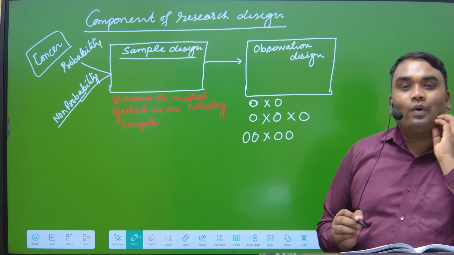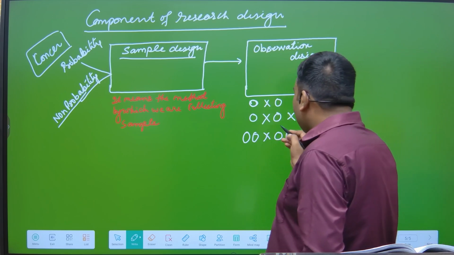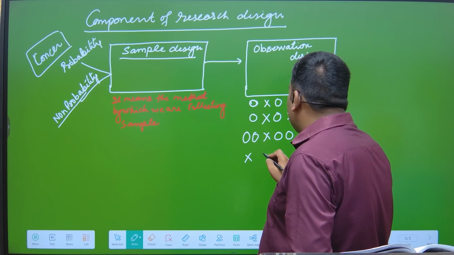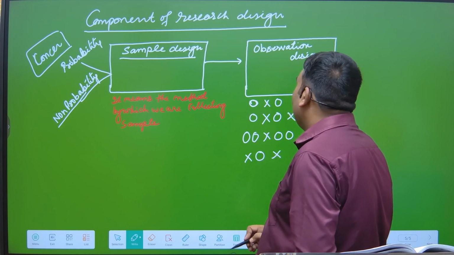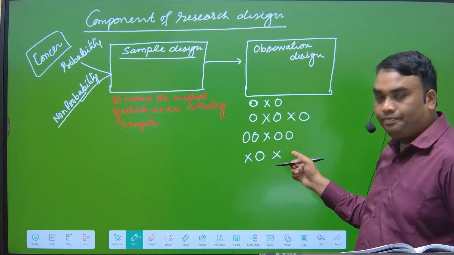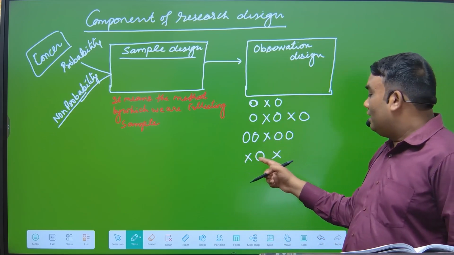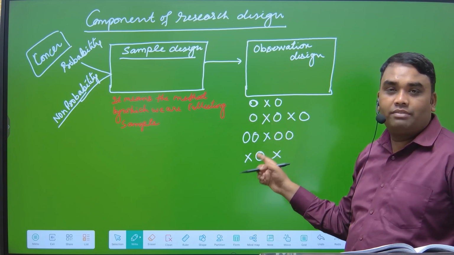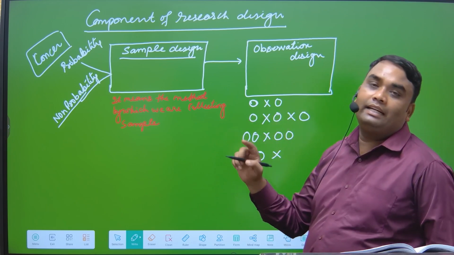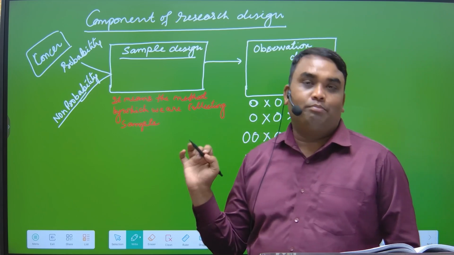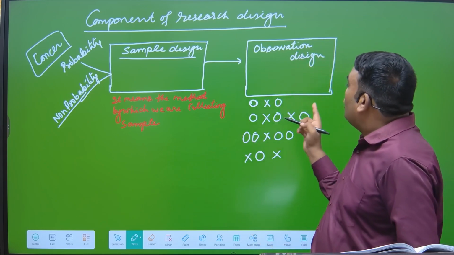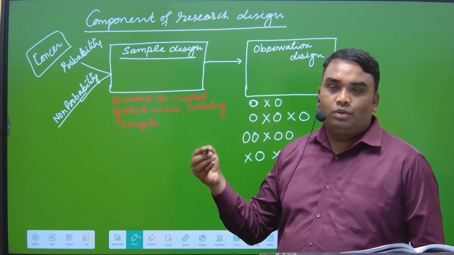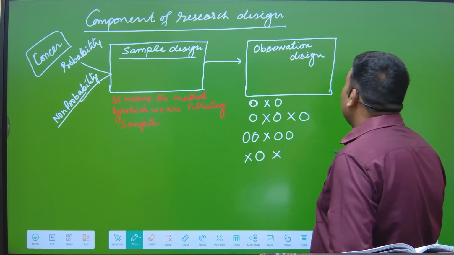Sometimes in any case, first of all we need interventions, then observations, then again there is a requirement of interventions. X means interventions, and O is for observations. Observation, intervention, observation and intervention. These two things are important. So observational designs may be of different types.